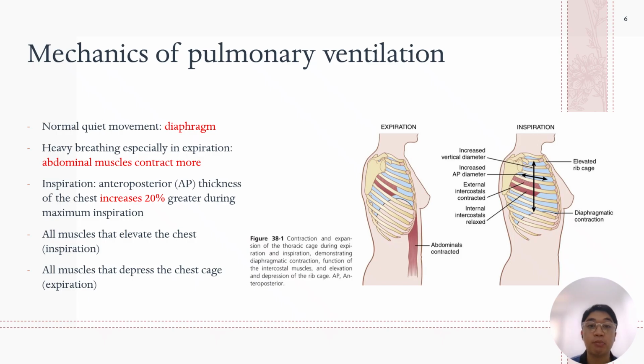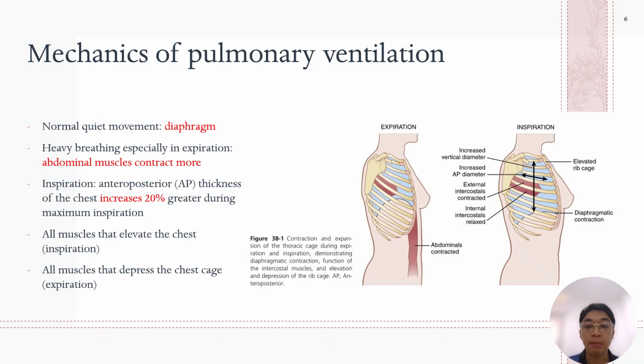During normal quiet breathing, the main muscle that is responsible for respiration is our diaphragm. So when we inhale, the main muscle responsible for that is the diaphragm. But when we exhale, take note that exhalation itself is a passive process.